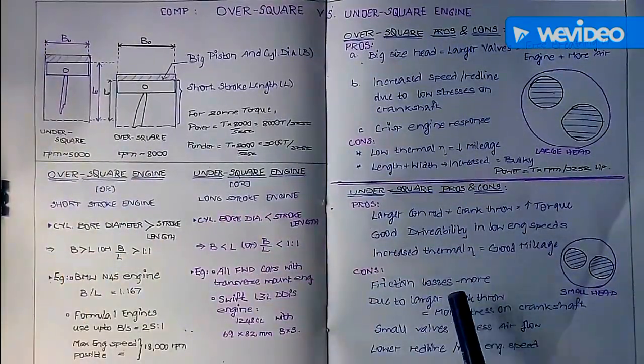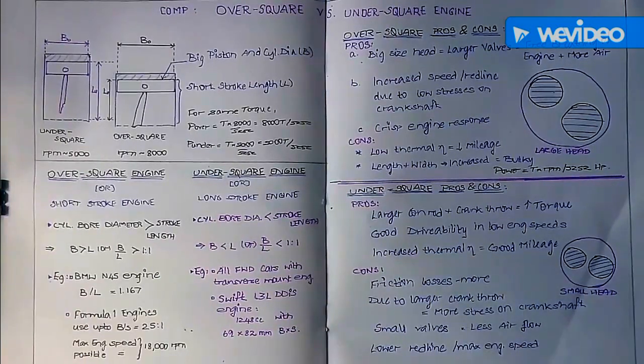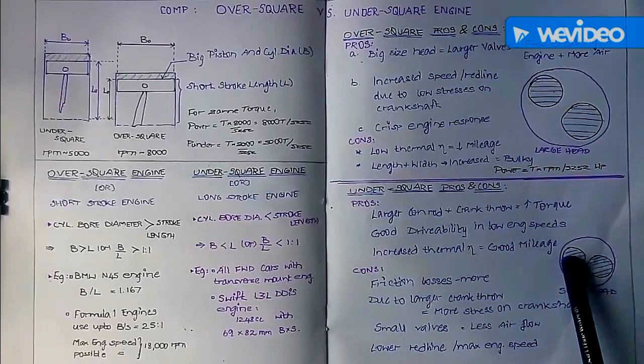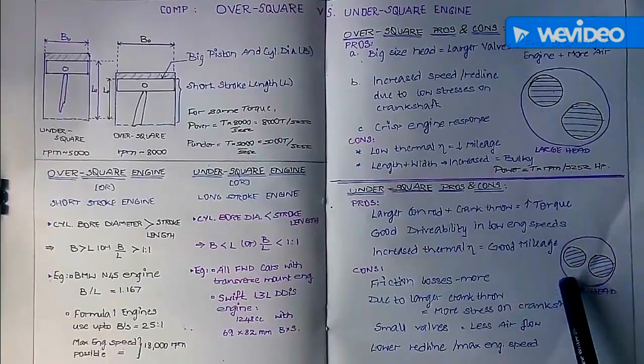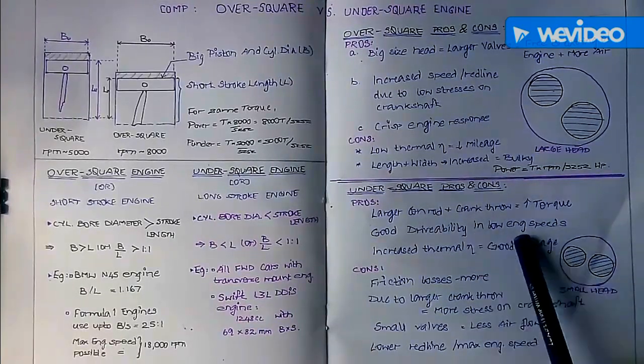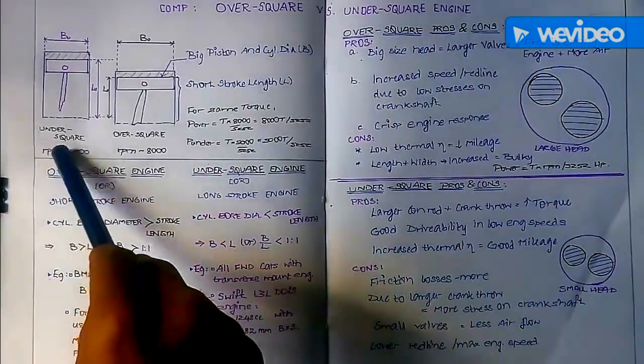Now this reduces the life of the crankshaft considerably. Another important factor is the small valves. You can see right here, small valves compared to the large valves in an over square engine. So less airflow compared to an over square engine. So all these factors combined together limit the RPM of an engine.